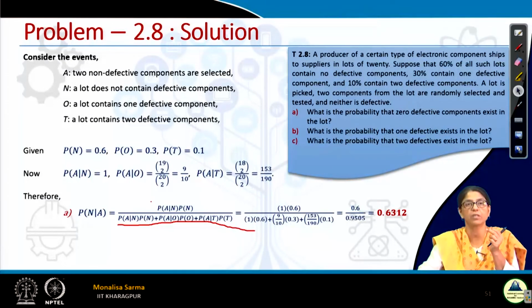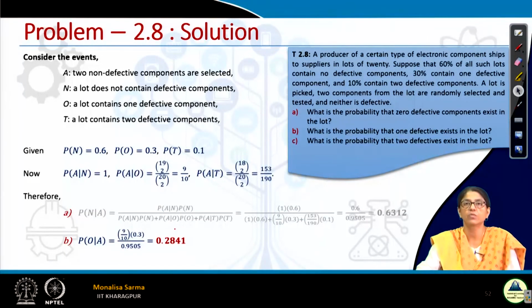Probability of n given A is probability of A given n, that both the components are not defective given that we have picked from the lot which has no defective, into probability of n. The denominator is the total probability, that is probability of A. So, now putting the formula, we will be getting it.